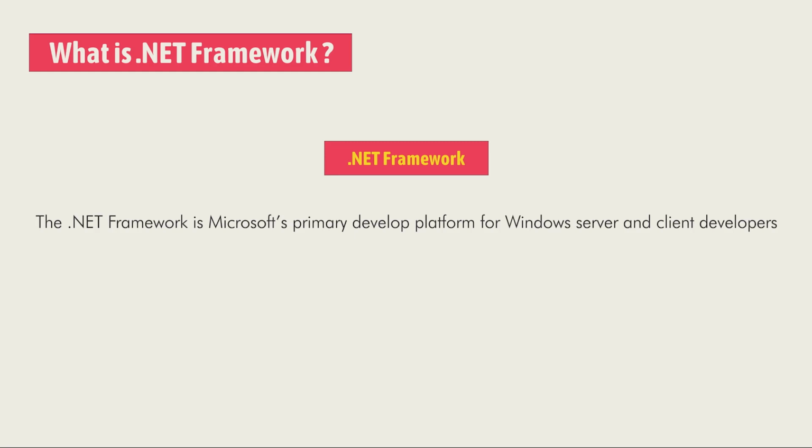It comes as part of the Windows operating system and is served through Windows Update when new versions become available, or through optional standalone installers. It can also be installed with a standalone setup downloaded from the Microsoft website. It was first released in 2002.